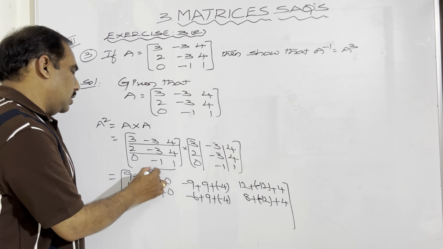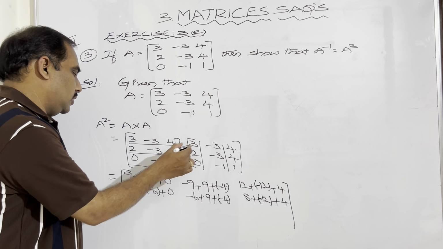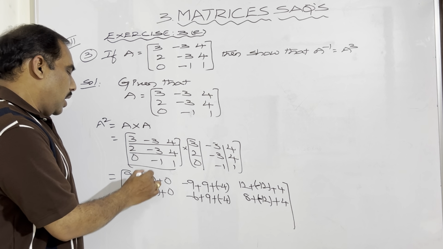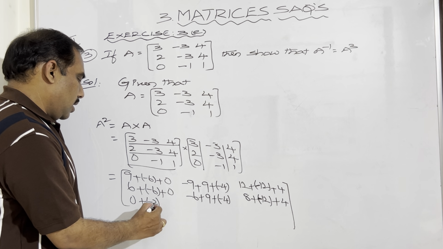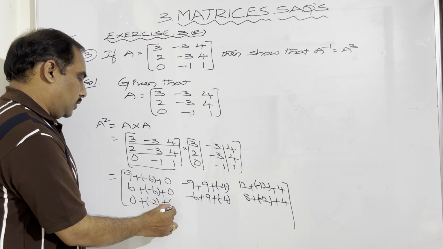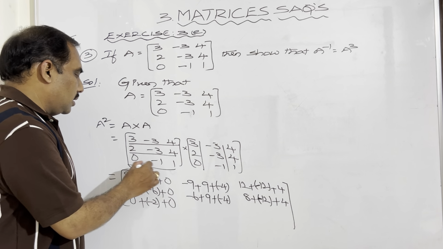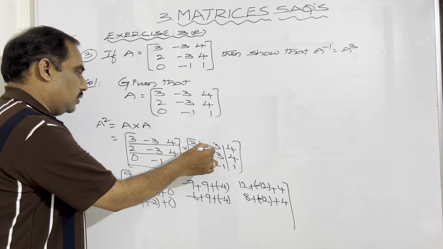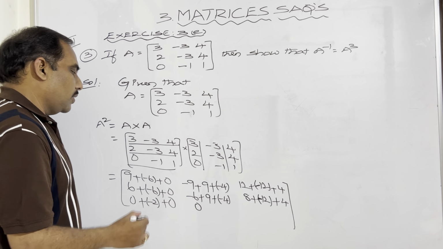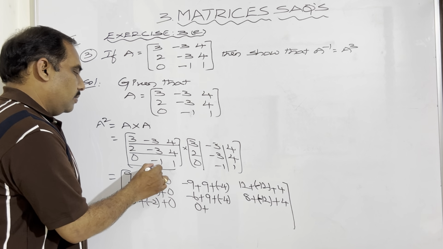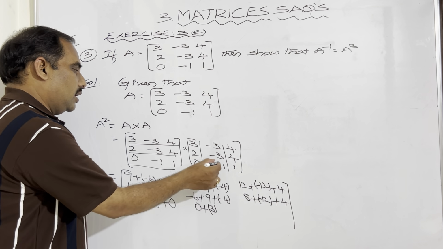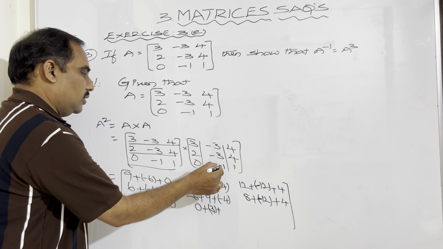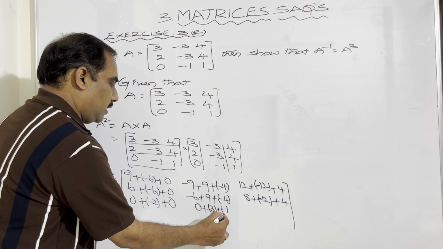Third row, first column: 0 into 3, that is 0, plus minus 1 into 2, that is minus 2, plus 1 into 0, that is 0. Third row, second column: 0 into minus 3, that is 0, plus minus 1 into minus 3, that is 3, plus 1 into minus 1, that is minus 1.